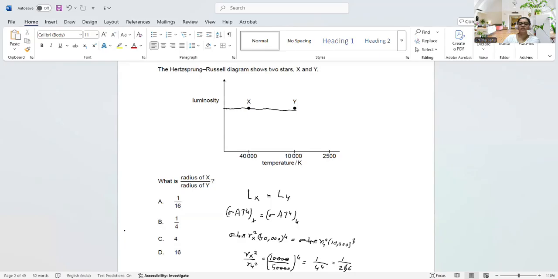And if I take the square root of this, because Rx square over Ry square is 1 over 256, Rx by Ry should be the square root of 1 over 256, and the square root of 256 is nothing but 16. So the option that you should be getting is 1 over 16, which gives you the option A.